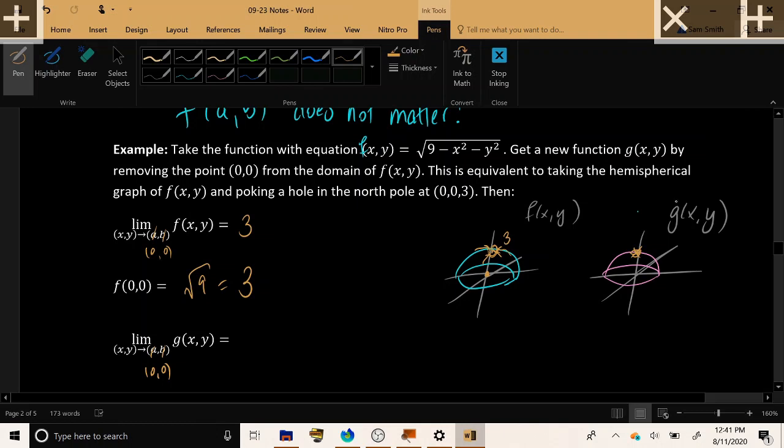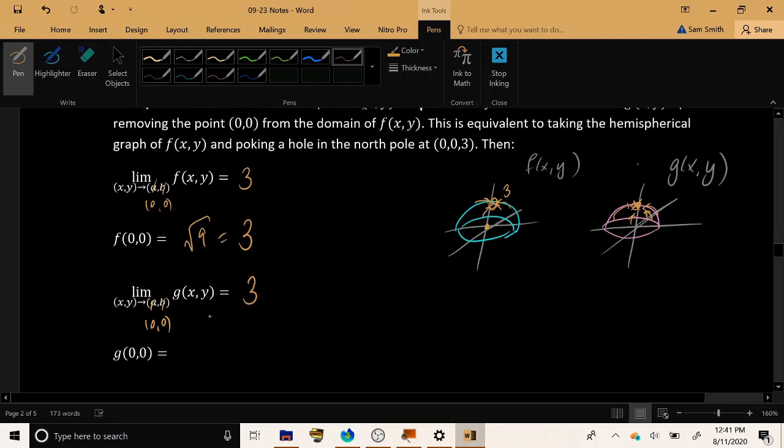Now let's go over here and look at g of xy. Once again, if we try and climb up the hill and approach the point xy equals 0, 0, if we approach the North Pole, as we get closer and closer to the hole, the output is still approaching this z value of 3.